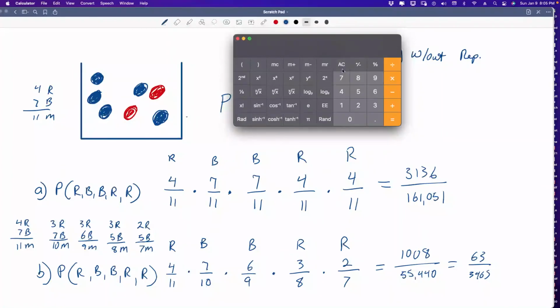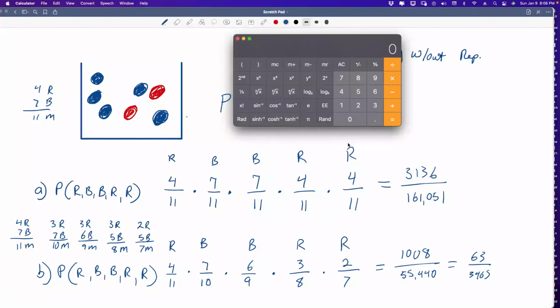Nope. 161,051 divided by 3. Nope. 161,051 divided by, oh, I don't know, 11. All right, let's see if we can divide this. 3136 divided by 11. Nope.